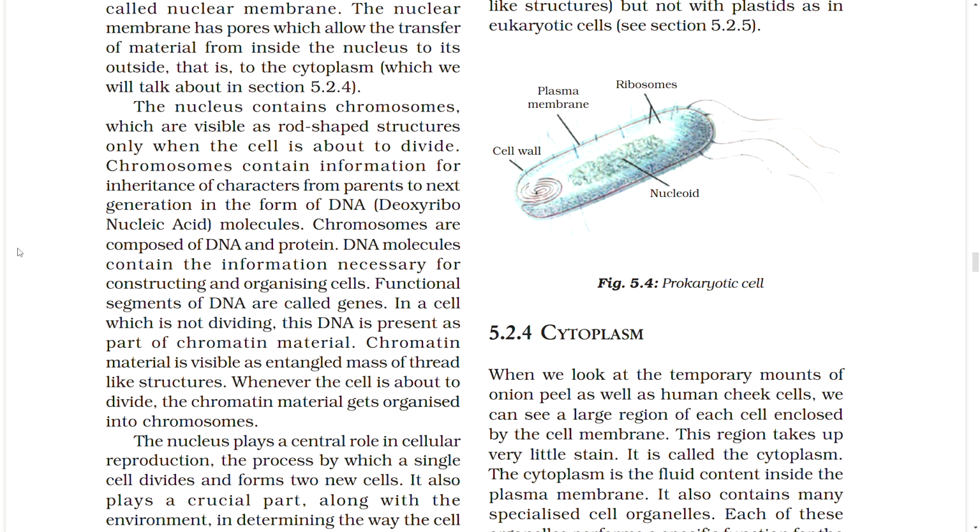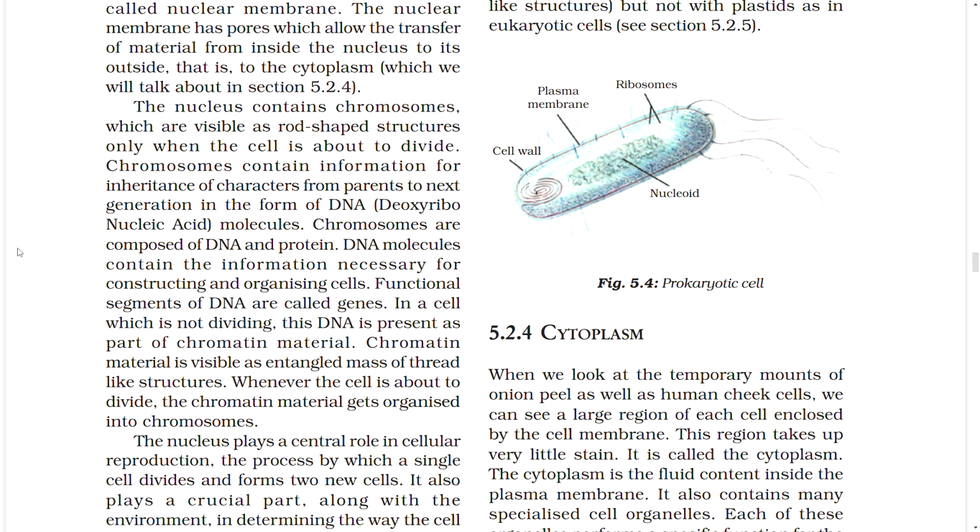Chromosomes contain information for inheritance of characters from parents to the next generation in the form of DNA, deoxyribonucleic acid molecules. Chromosomes are composed of DNA and protein. DNA molecules contain the information necessary for constructing and organizing cells.